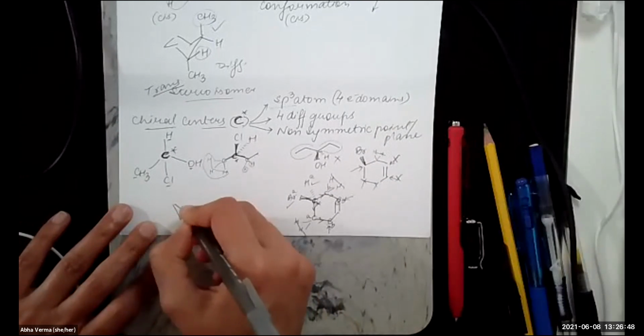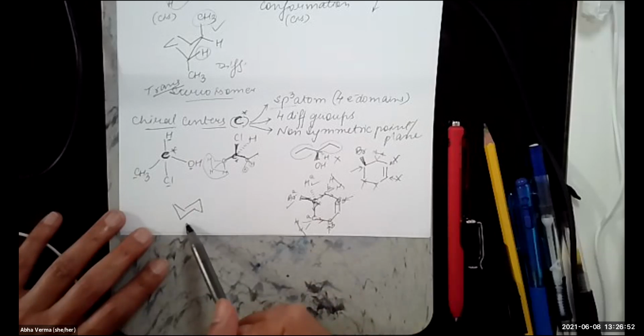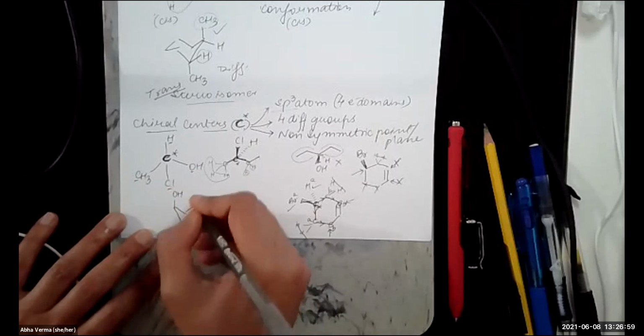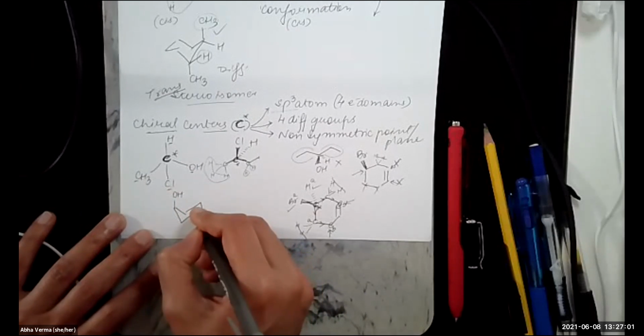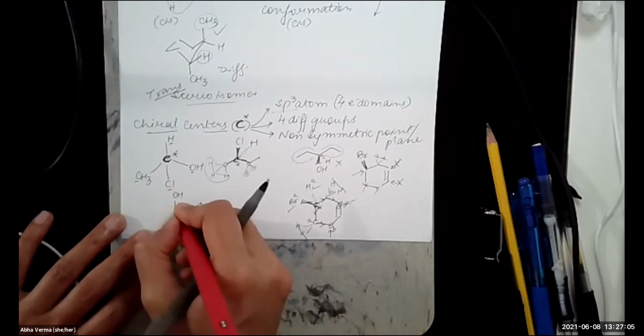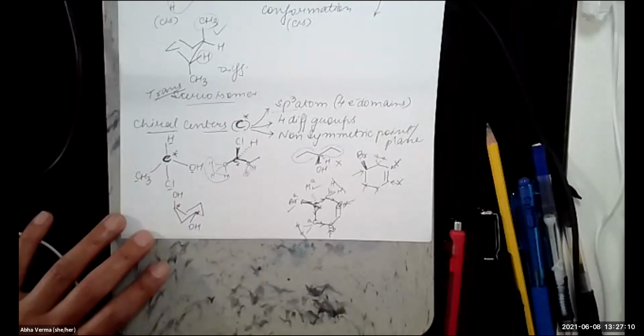If you look at stereoisomer, different projections, a chair conformation, I can see chiral centers here and here also. Why?